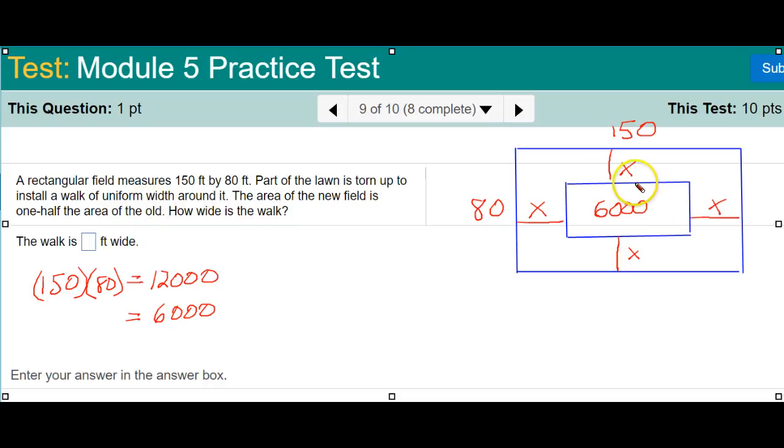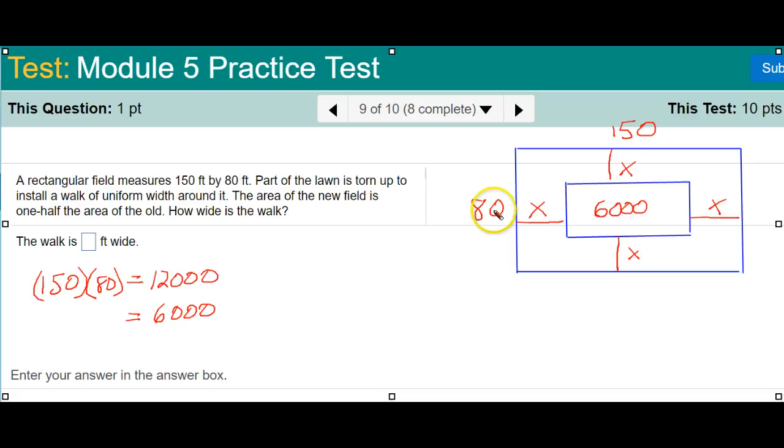And what's left now is half of the old area. So what we need to find out first, what is our old area?